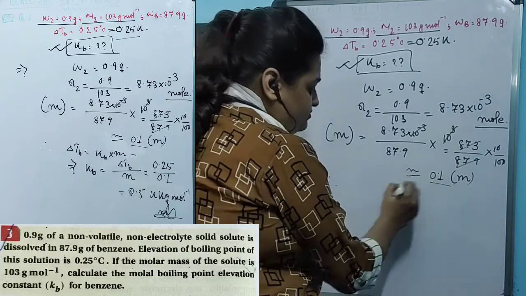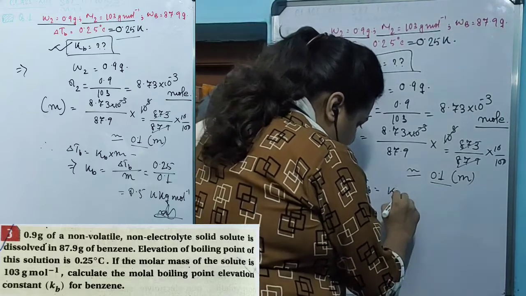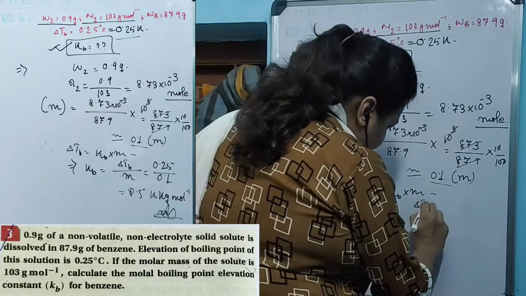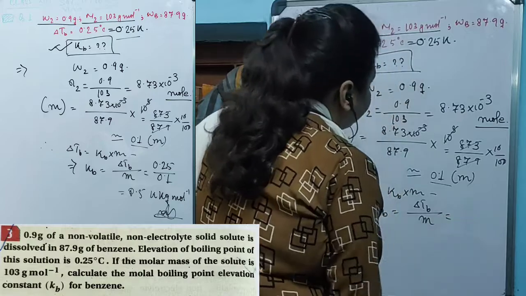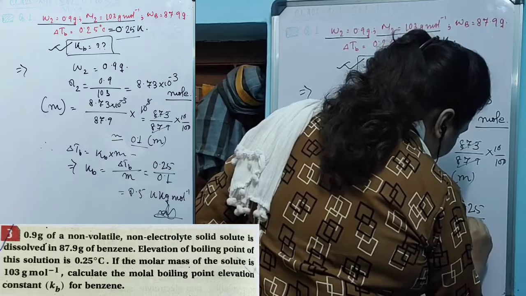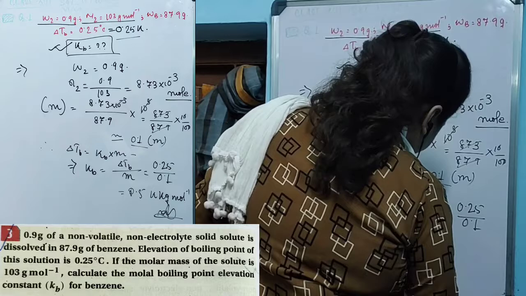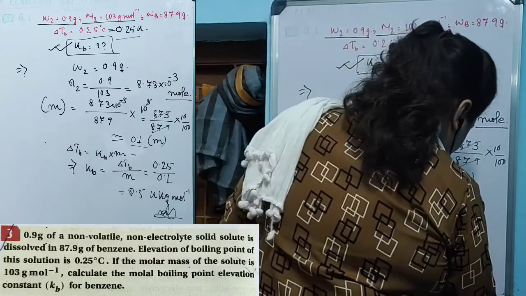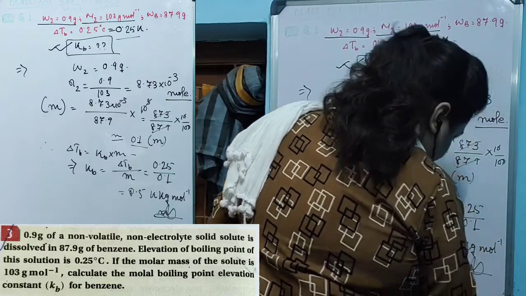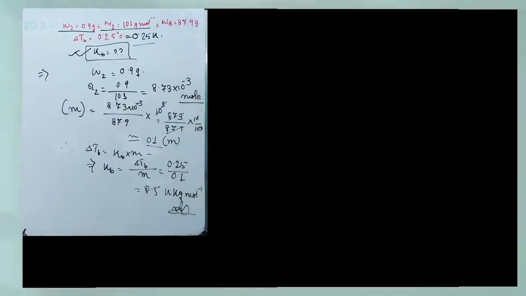Therefore, you can apply this amount in the boiling point elevation equation, which is delta TB equals Kb multiplied by molality, or Kb equals delta TB by molality. Delta TB is given as 0.25 Kelvin, divided by 0.1. Therefore, Kb is 2.5 Kelvin kg mole inverse. This is the answer of Kb for this particular question.